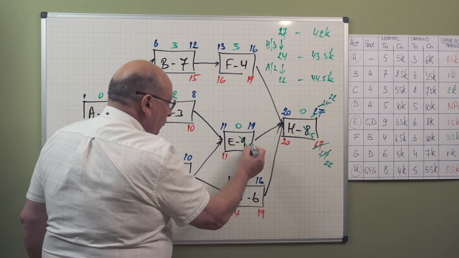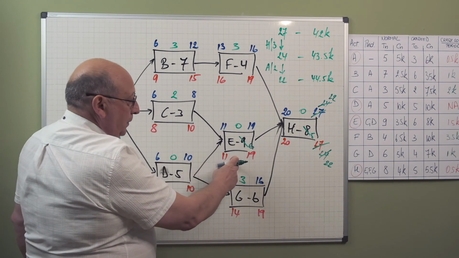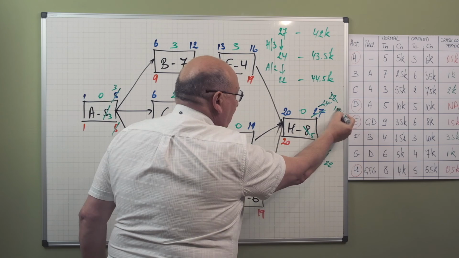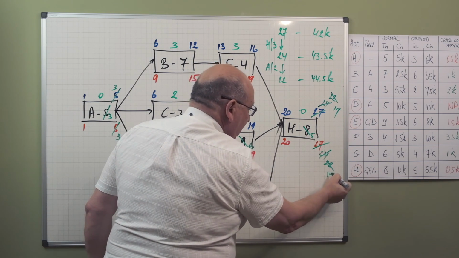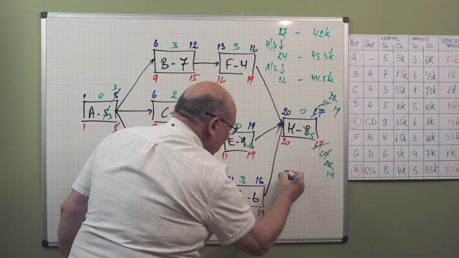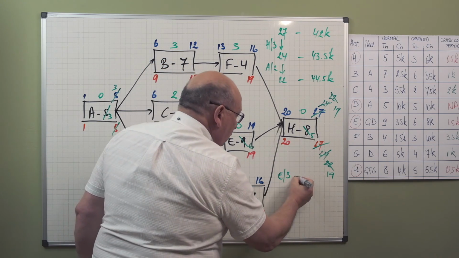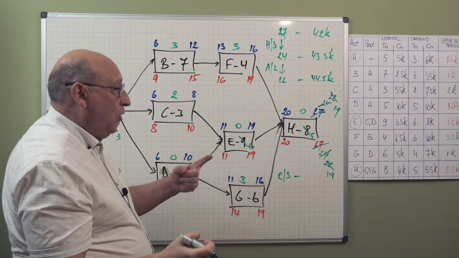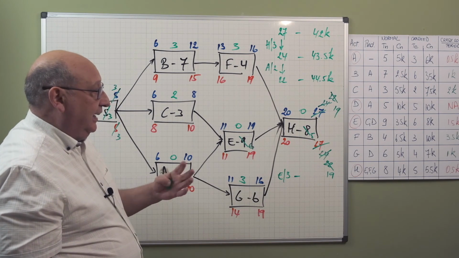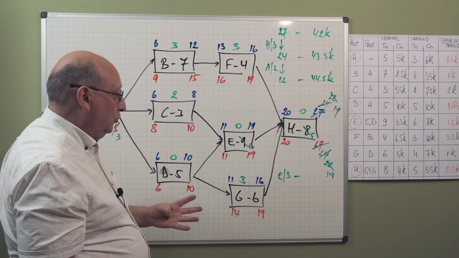So we go here to 6 and 3 periods less. So I find 19 here and 19 here. So E, we crash 3 periods. So I have here plus 4.5. That's the total crash cost that we have.